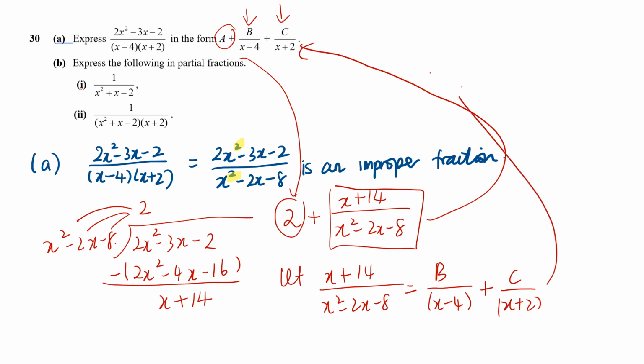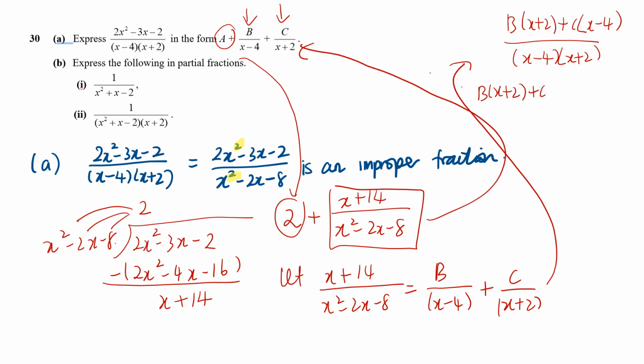Convert them into a single fraction, then convert them into identities. Use appropriate substitution. We can let x equal to 4 to eliminate c, so we can find the value of b.